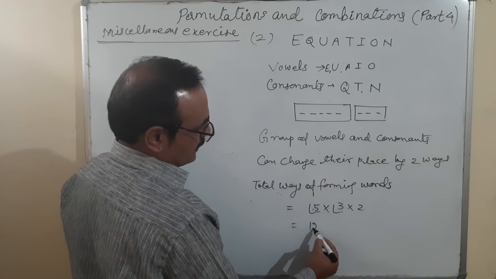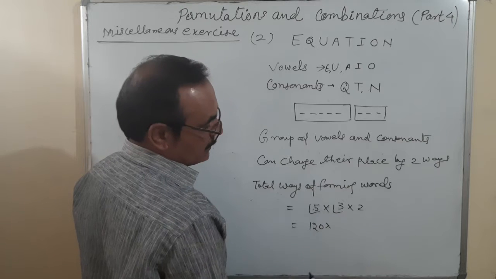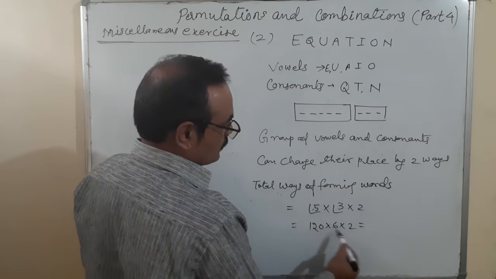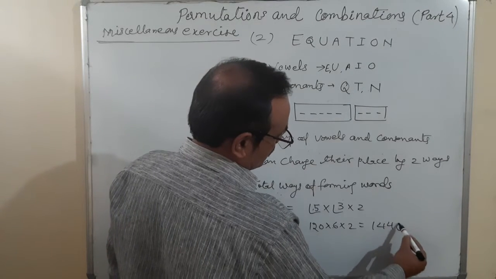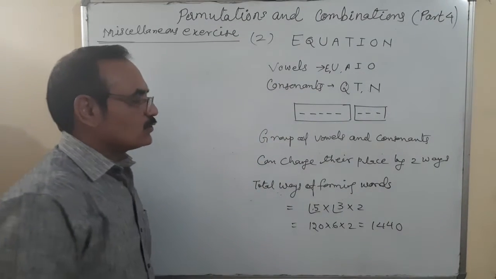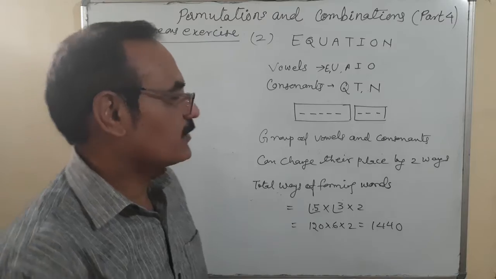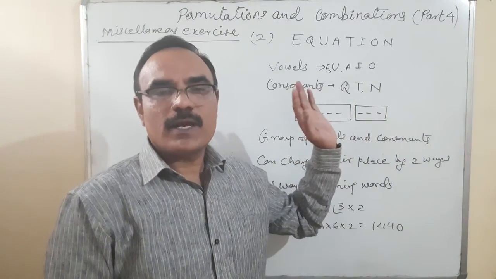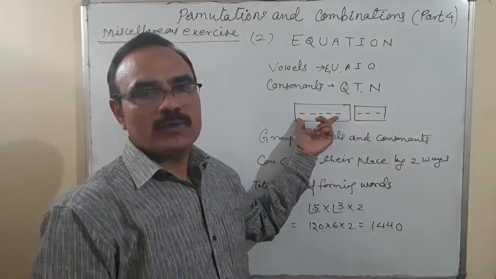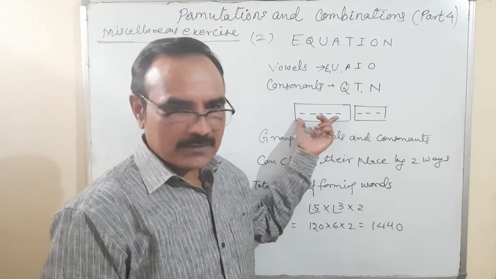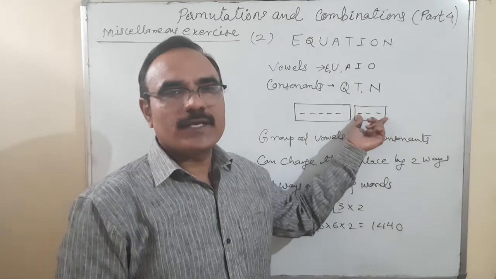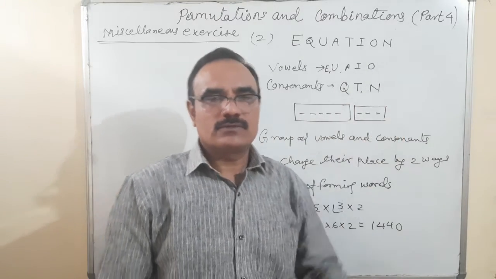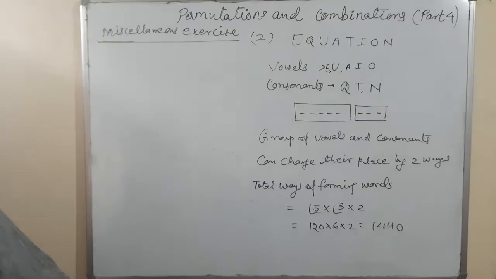Factorial 5 is 120, factorial 3 is 6, and 2. So 12 into 12 is 144, with a 0, so the total number of ways is 1440. First, the groups can change their position in 2 ways. The vowels can be arranged in 5 factorial ways, and the consonants in 3 factorial ways. So factorial 5, factorial 3 and 2, all three are multiplied.